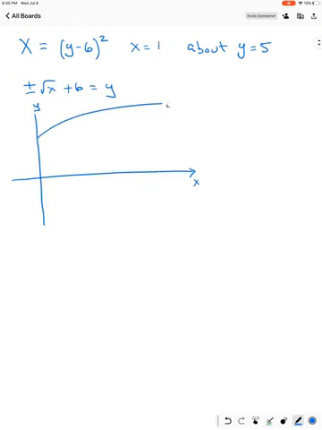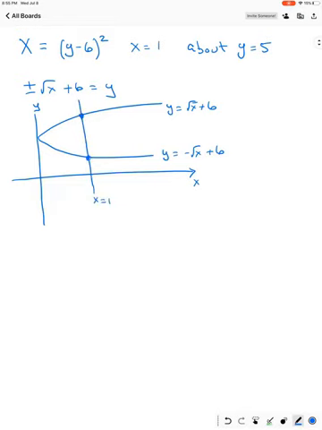So this is y equals root x plus 6. And then this would be y equals minus root x plus 6. Then we're also told that it's bounded here by x equals 1. So this is x equals 1.